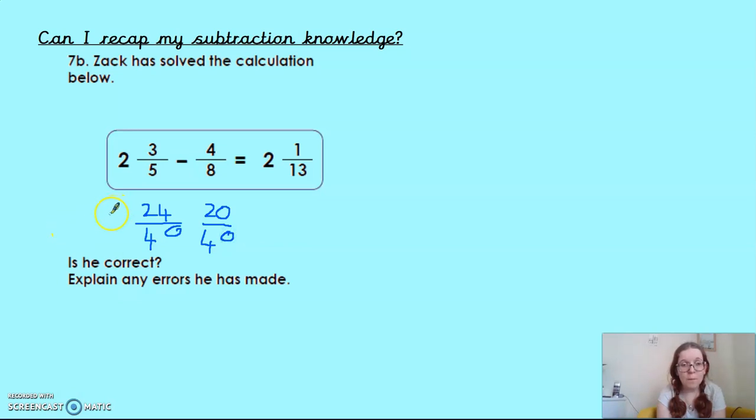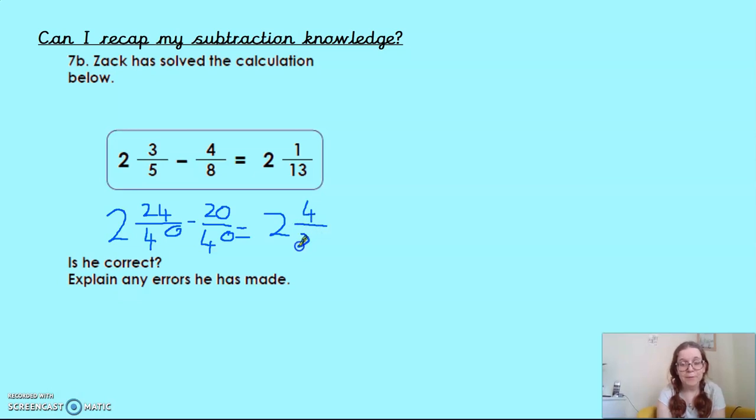Okay, now I've got my new calculation and I can add my number in here. I do 2 and 24 40ths, take away 20 40ths equals. Now this is really easy because I'm still going to have my 2 here, and I'm going to take 20 away from 24, which is going to give me 4 40ths.